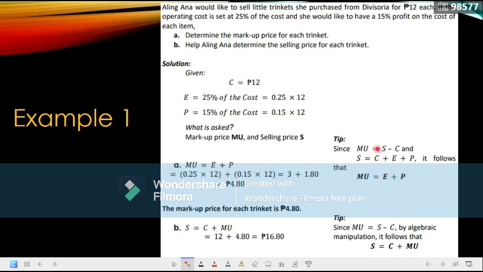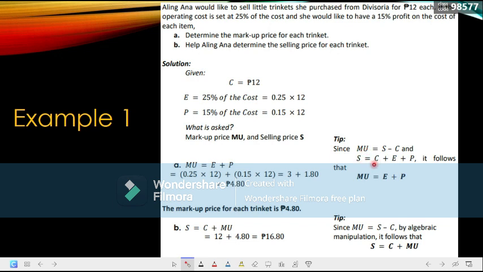Okay, meaning this is our first equation. Markup is equal to S minus C, or the selling price minus the cost price. And since the selling price is equal to the cost price plus the expenses plus the profit, if the cost price is transposed to the other side of the equation, this becomes S minus C. And remember, S minus C is equal to MU or markup.